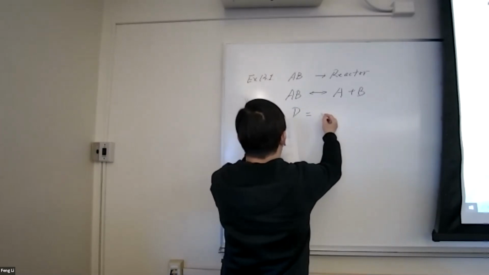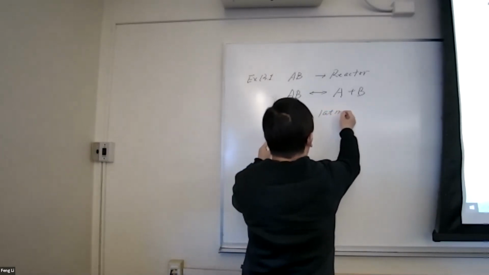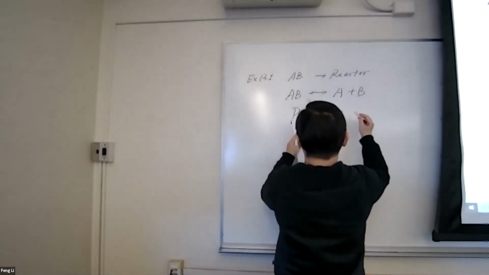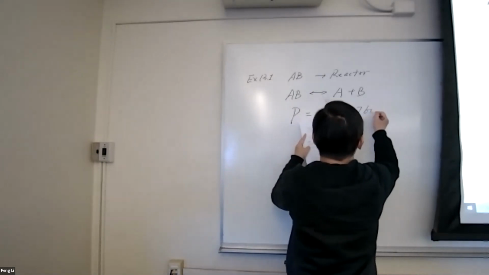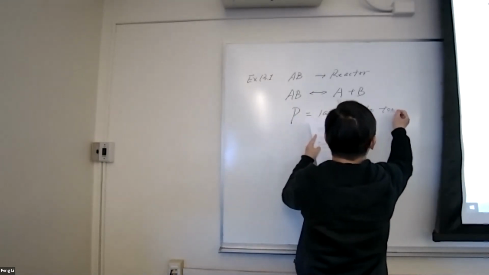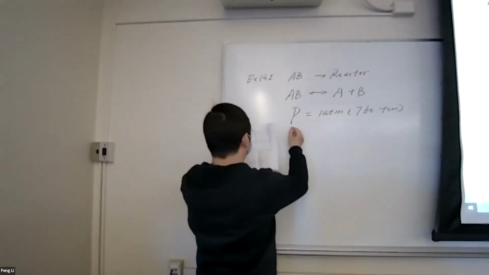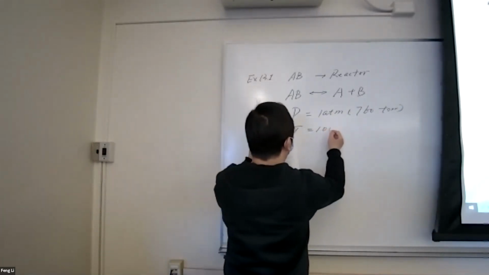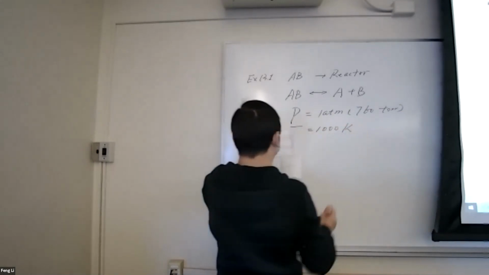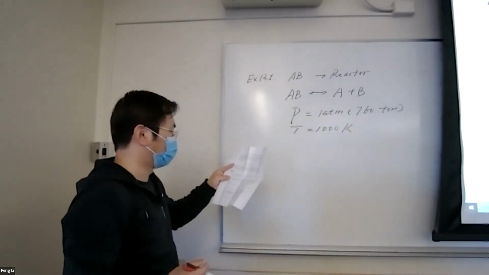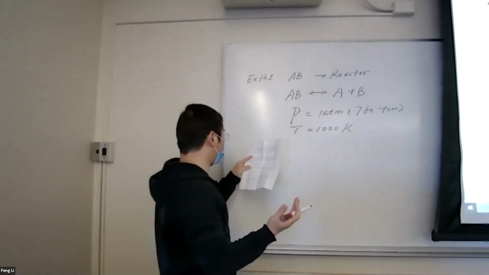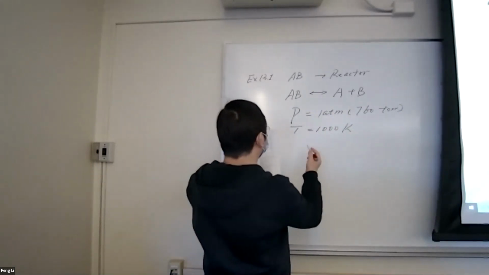And this process is run at a pressure of 1 atm, atmospheric pressure, or 764 torr. And we know the temperature is 1000 K. The process is in chemical equilibrium.